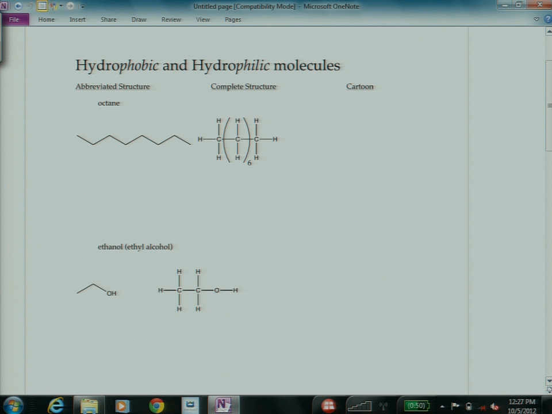So first question, if you look at octane, which is part of gasoline, that thing is covered with hydrogens. It's got 1, 2, 3, 4, 5, 6, and 6 more is 12 hydrogens. Hydrogen bond city, right? Lots of hydrogen bond possibility, yes? No. Why no? They are not special hydrogens.